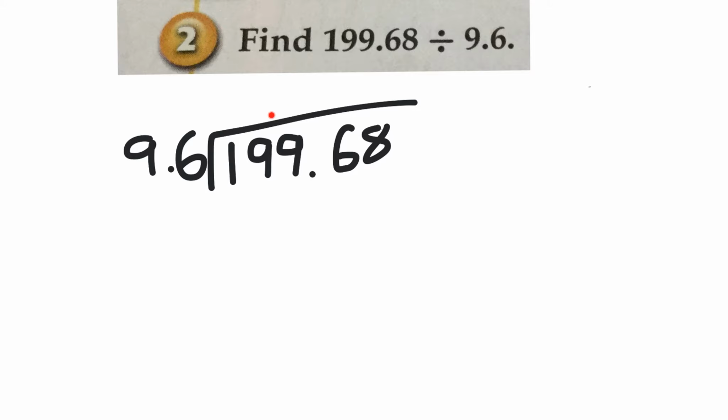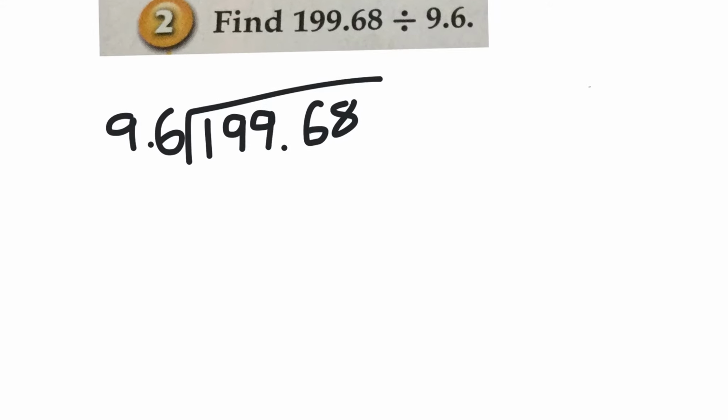I have a decimal underneath my division box, which is fine. But having a decimal outside my division box is bad news, okay? Do not like that. Does not make it easy to divide. So I want to get rid of this decimal. So here's how you do that.